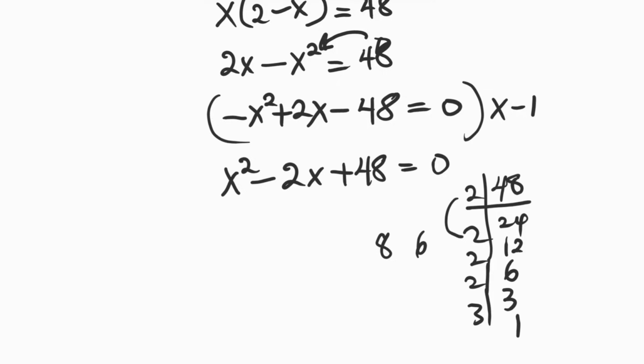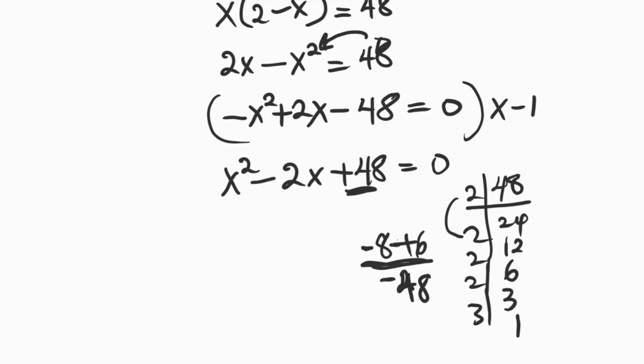So now with 8 and 6, minus 8 and positive 6 will give us negative 2. But then if we multiply both, we're going to get minus 48. And that is not what we have here. We have positive 48.